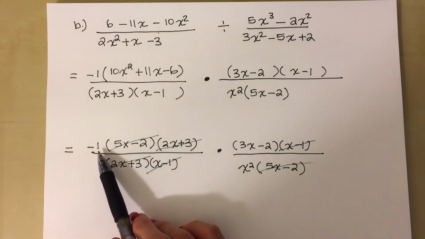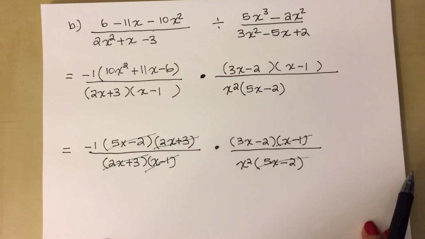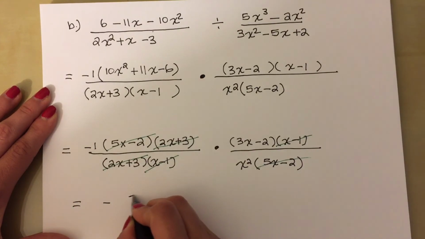Since we have this -1, you can put that negative in the numerator, in the middle of the fraction, or in the denominator. I will just leave it in the middle of our fraction.